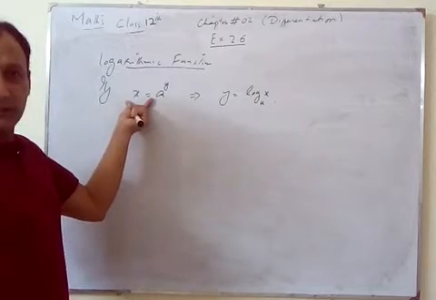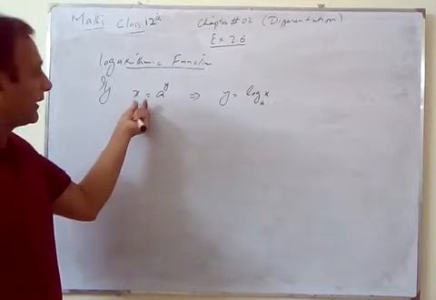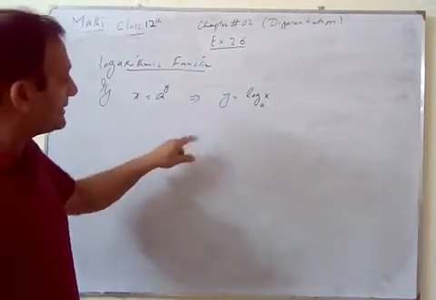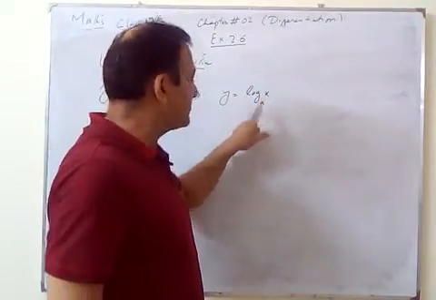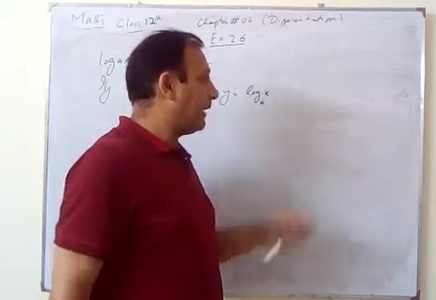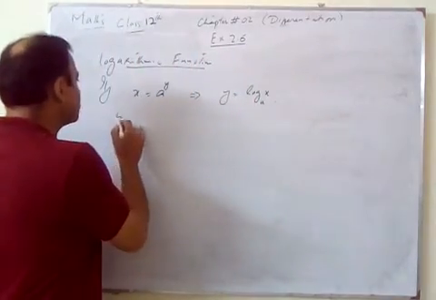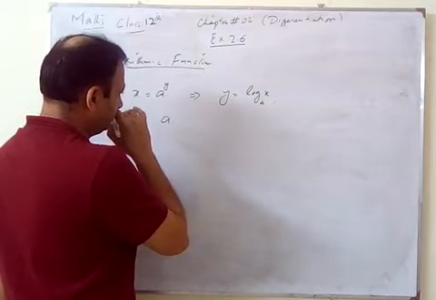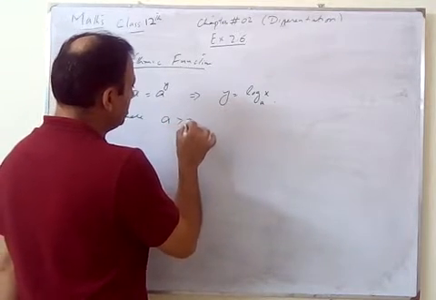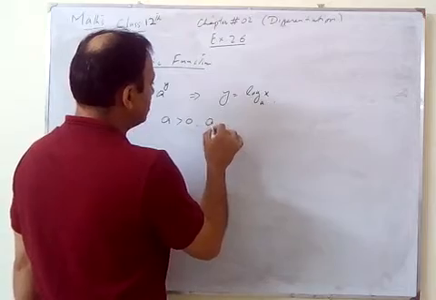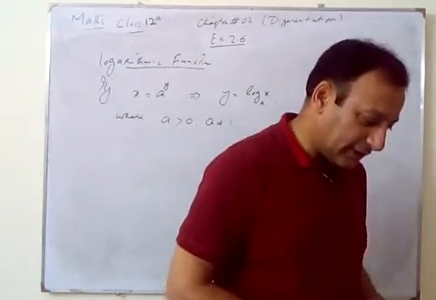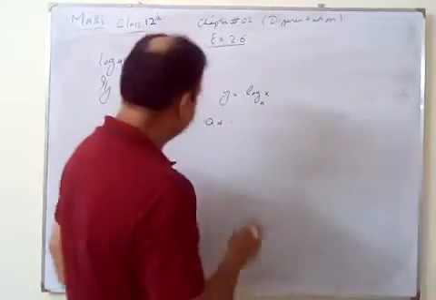If this is the function x is equal to a power y, then it can be written as y is equal to log of x base a. Now describe what is x, what is a. a is greater than 0, a is not equal to 1, and x is also greater than 0 here.